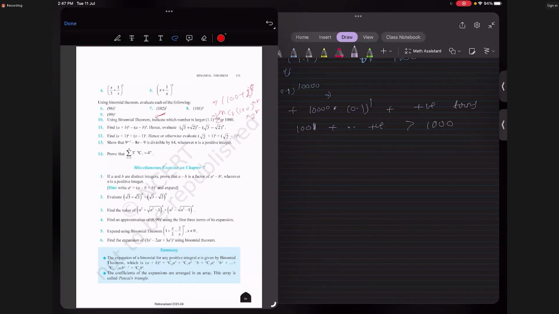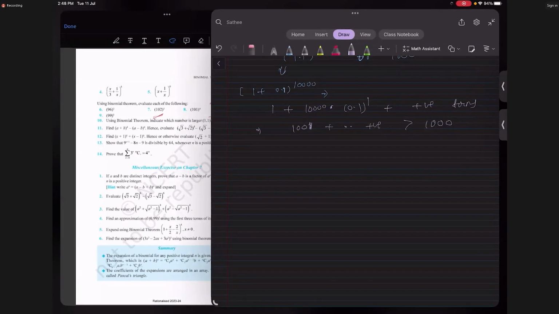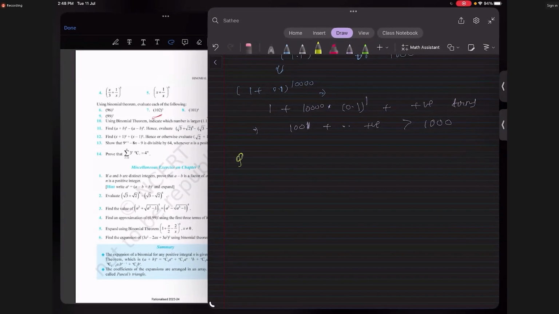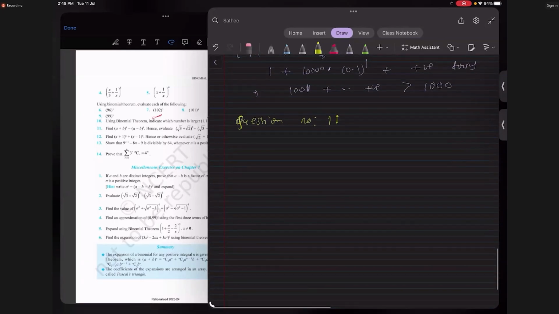After this, if we see question number 11, this is (a + b) to the power 4 minus (a − b) to the power 4.